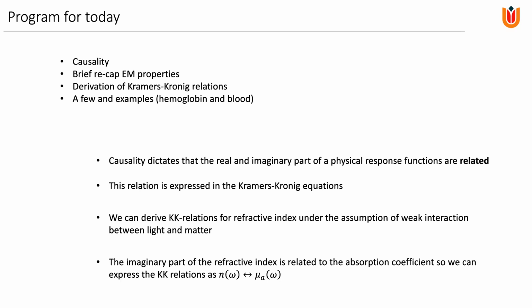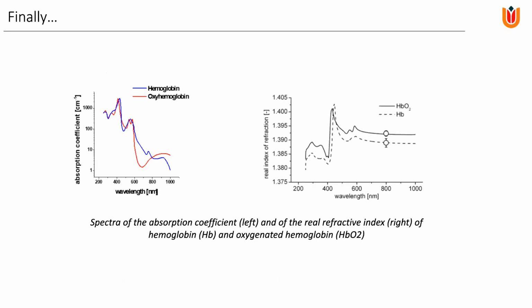Furthermore, the refractive index is a complex quantity, and the imaginary part of that complex refractive index is related to the absorption part, which means that we can express this Causality relation as a relation between the real part of the refractive index and the absorption. That last relation is the one that is of practical use.